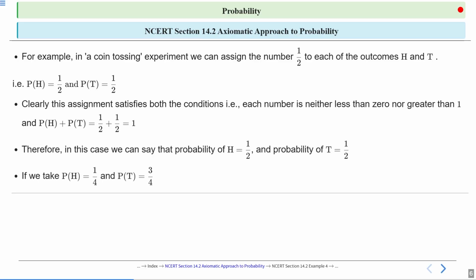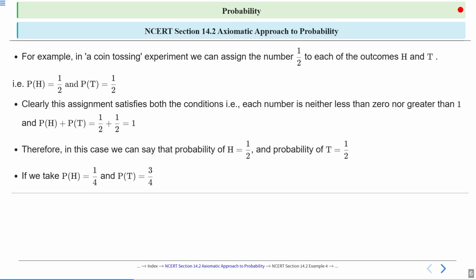Now suppose we take P of H equal to 1 by 4 and P of T equal to 3 by 4. We assign the number 1 by 4 to getting head as the outcome, and the number 3 by 4 to getting tail as the outcome.